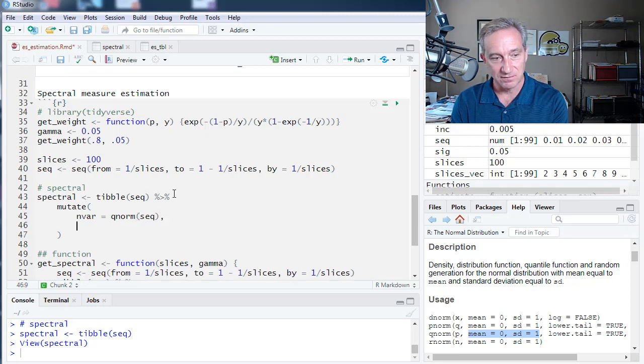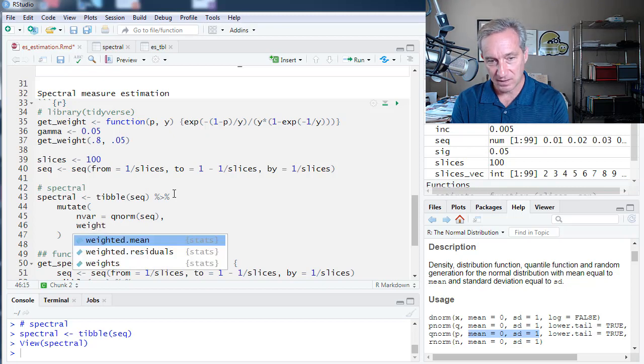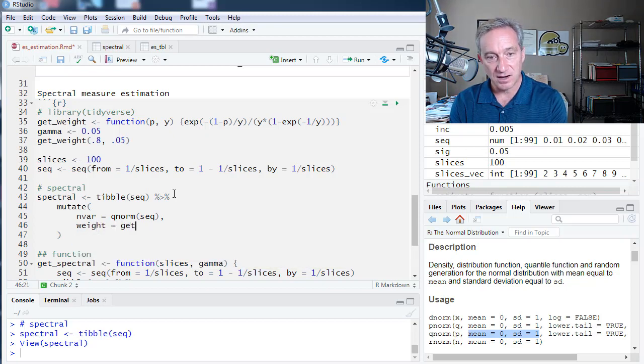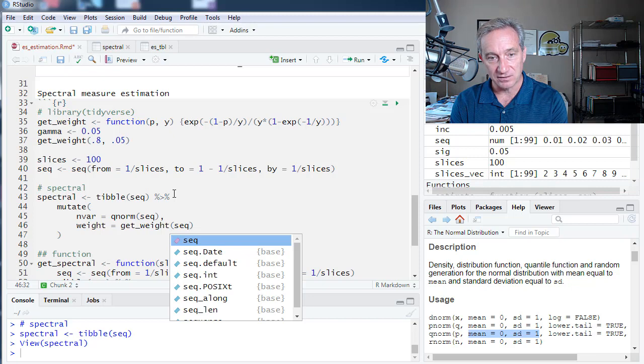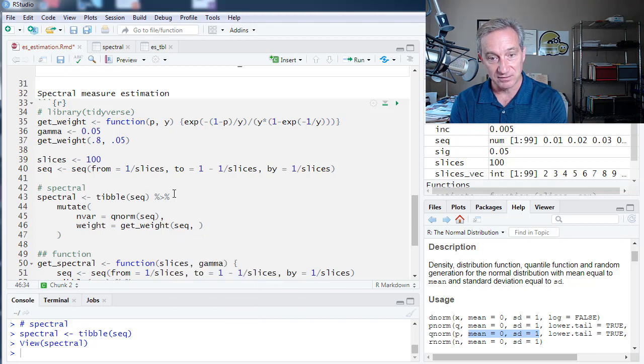Then I'm going to get the weight, call that weight, where I call my get weight function, and it needs two parameters, the confidence level, which is going to be in my sequence vector. So the first time we call it, it's for the 1% confidence level. The second time we call it for the 2% confidence level.